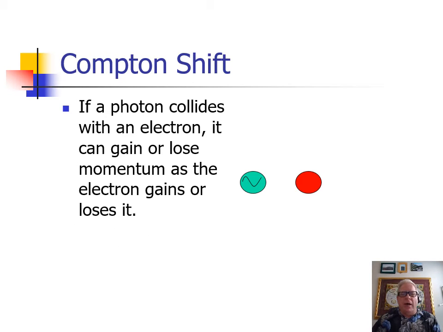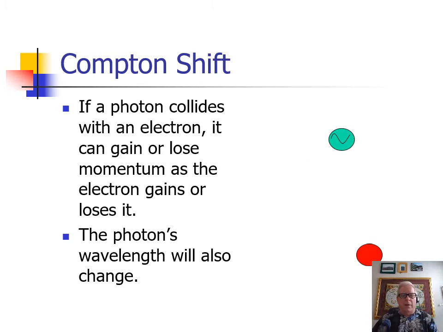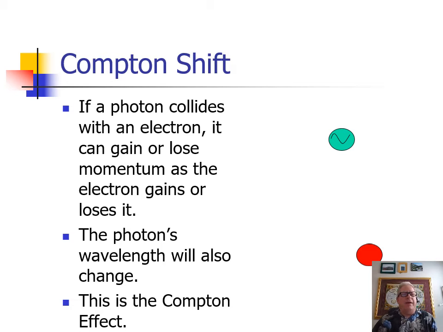So if a photon collides with an electron, it can gain or lose momentum as the electron gains or loses momentum, because momentum should still be conserved in that collision. So if the momentum of the photon changes, that means its wavelength is going to change. This is known as the Compton effect.